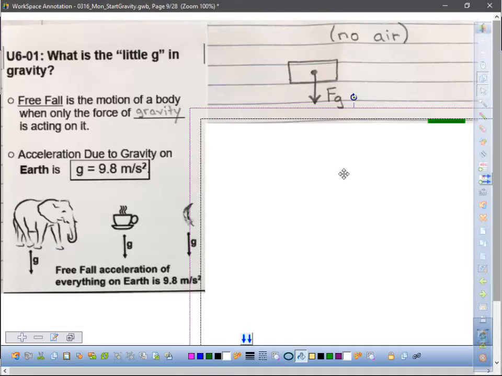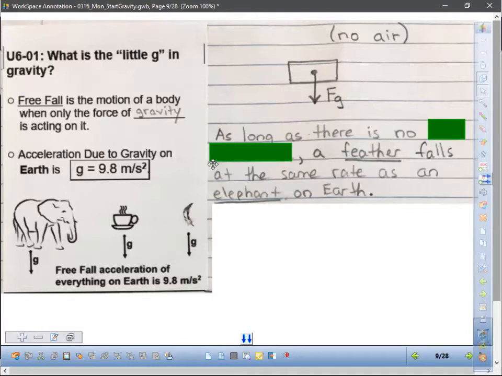What does this mean? So over here on your right, let's write these notes. As long as there is no something, a feather falls at the same rate as an elephant on Earth. Now, you probably realize if you toss a feather up in the air in the classroom or at home, something happens to the feather.